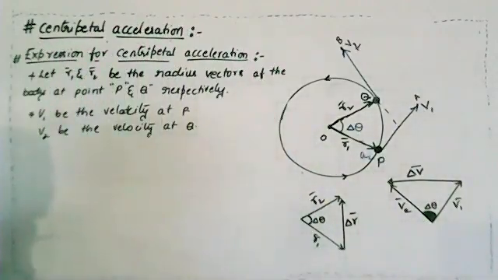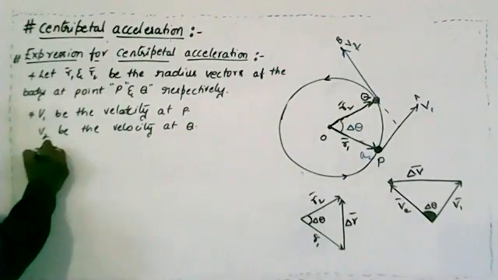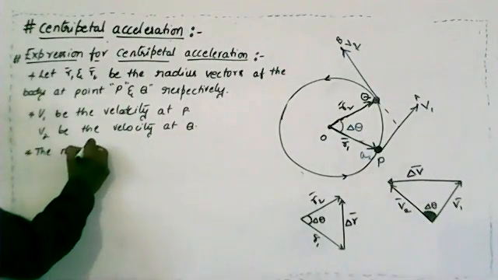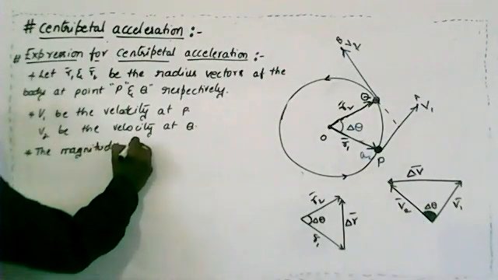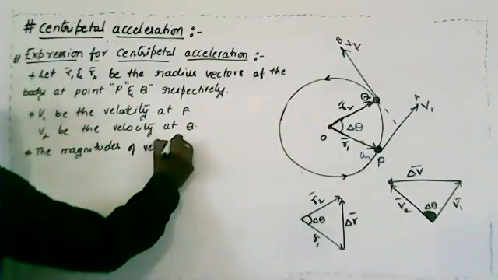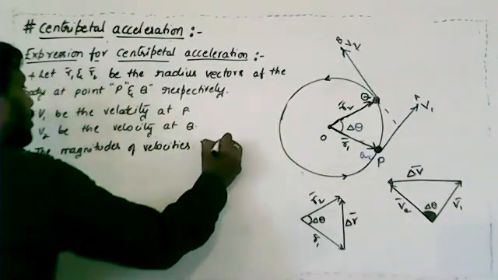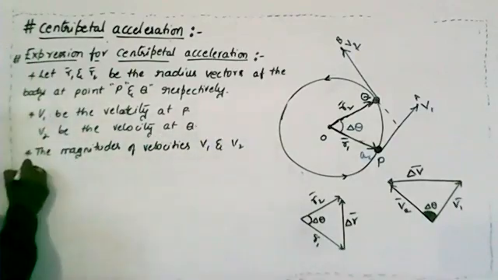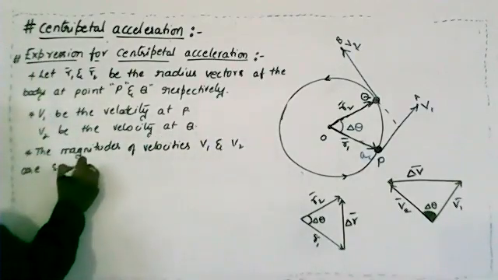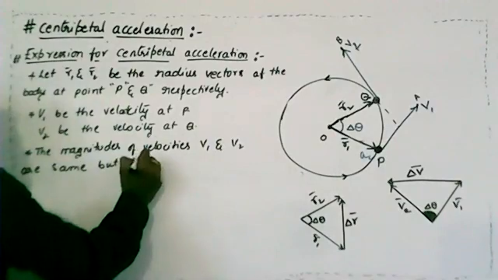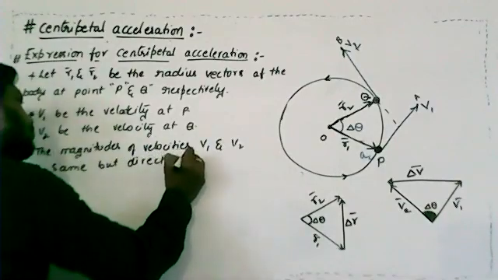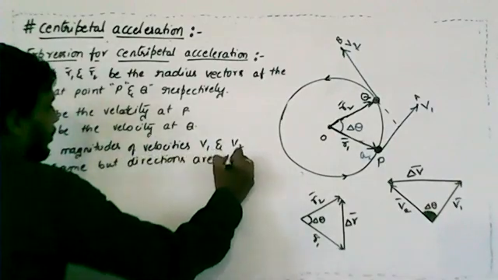Are you clear? Therefore, the magnitudes of velocities v1 and v2 are the same, but the directions are different.